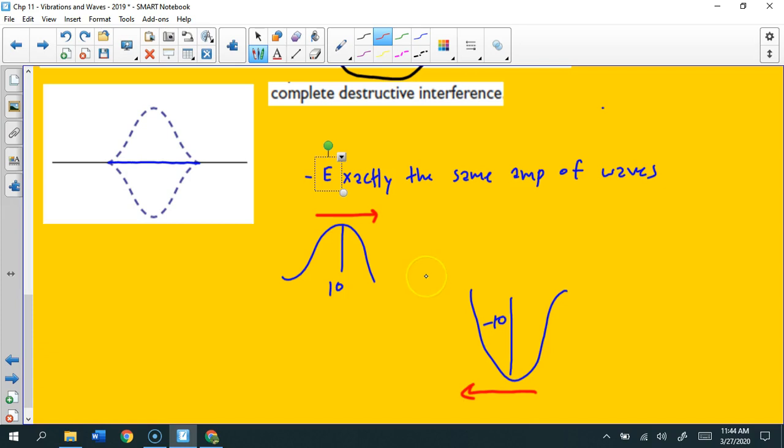Notice that when they come together, every part of the wave, the blue one on the top and the blue one on the bottom, is going to cancel out. And so then you would get what looks like a complete destructive interference. It's two things that are exactly canceling one another out.